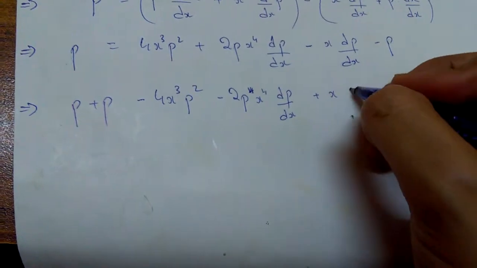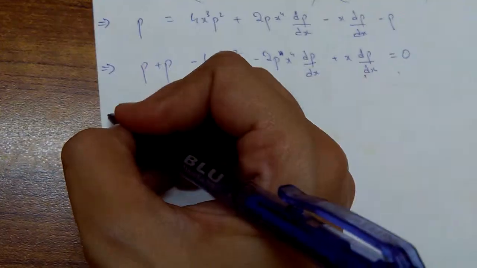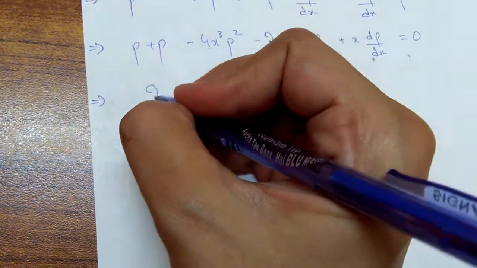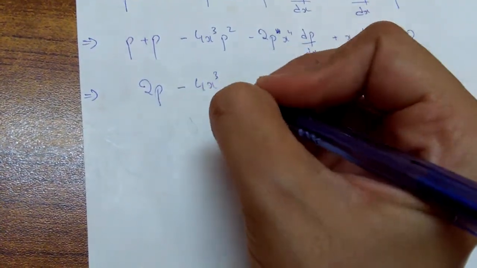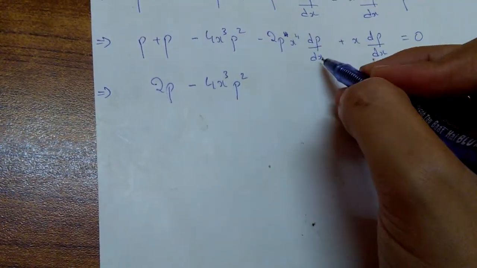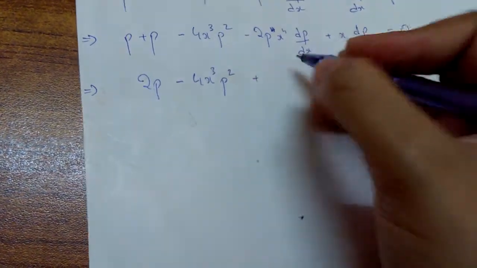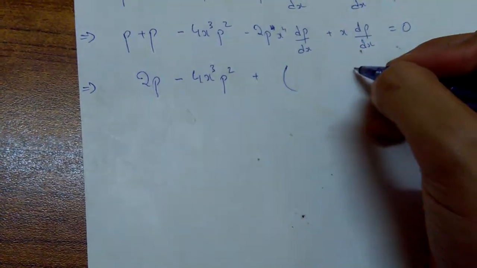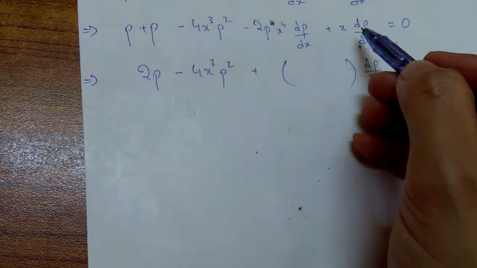Now after that, we just try to factorize it. This is your 2p minus 4x cubed p squared, and then we are going to take this dp by dx common outside. dp by dx is coming common, and also, is there anything else coming common?